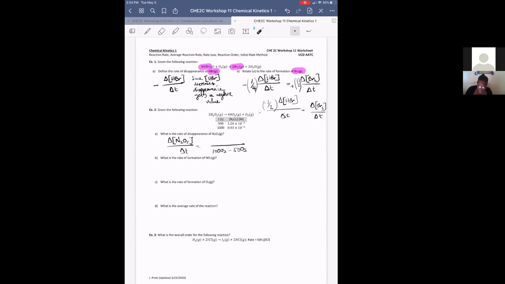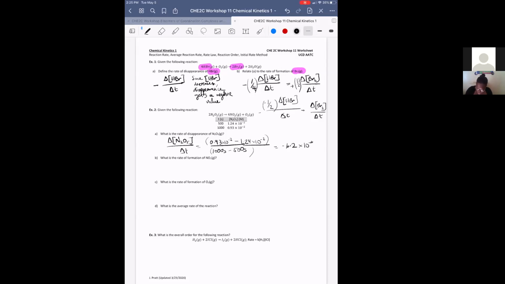Since for 1,000 seconds we had a concentration of 0.93 times 10 to the minus 2, we'll make sure that's the concentration we write first. Then we'll subtract the concentration of our second time point, which is 1.24 times 10 to the minus 2. We'll solve that equation, and our final answer should be negative 6.2 times 10 to the minus 6.